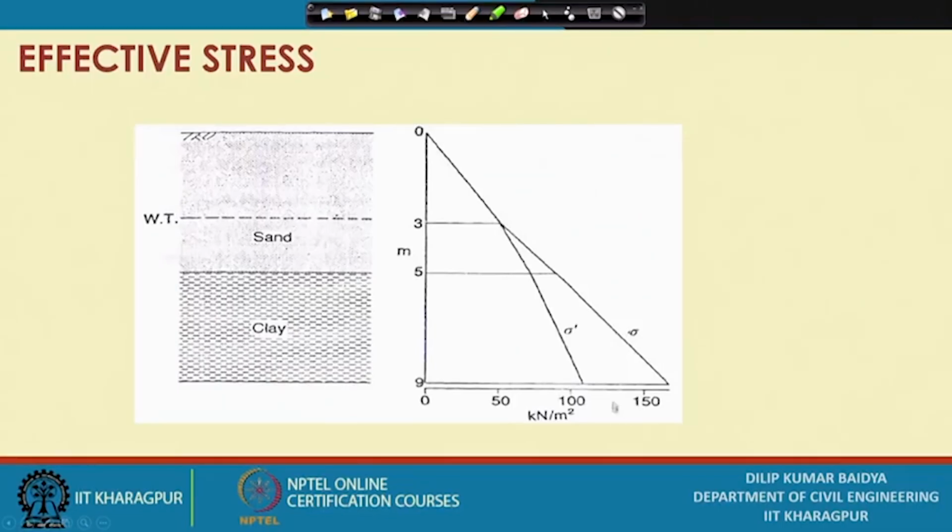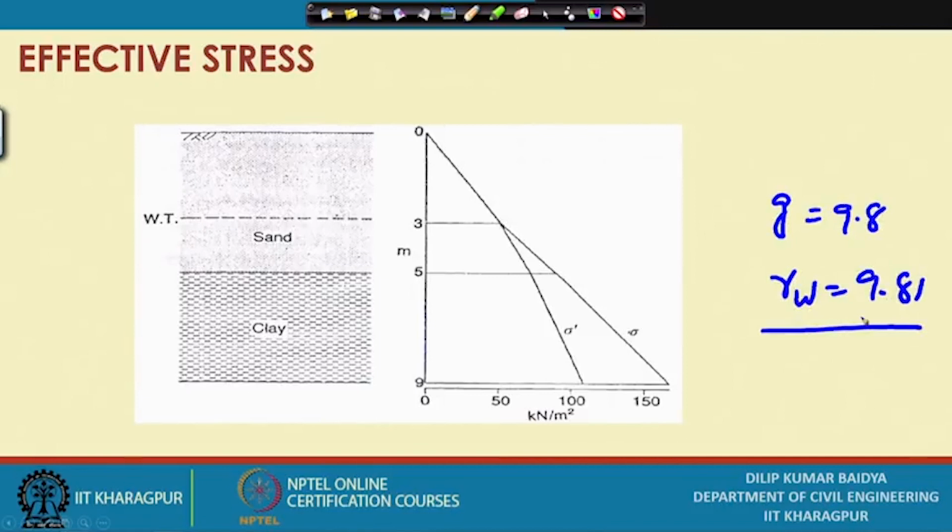So, this is the way the entire diagram is drawn. Sometimes, in civil engineering, instead of 9.81, gamma W of 10 also can be used.